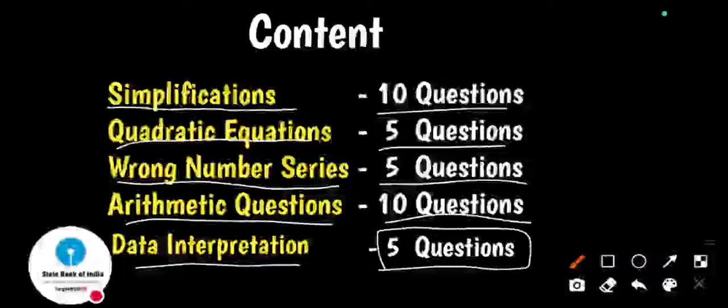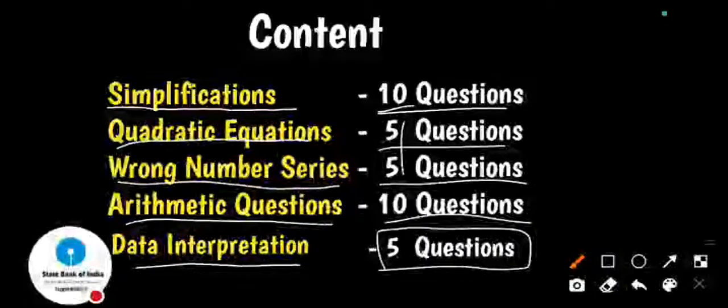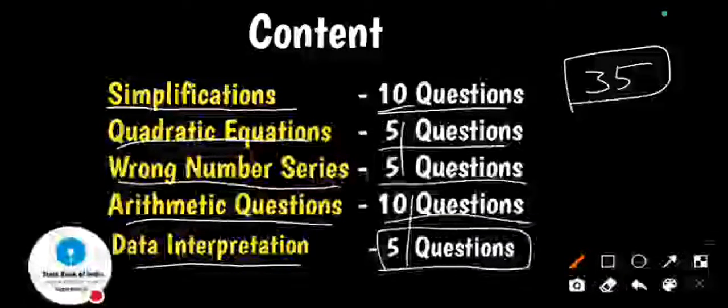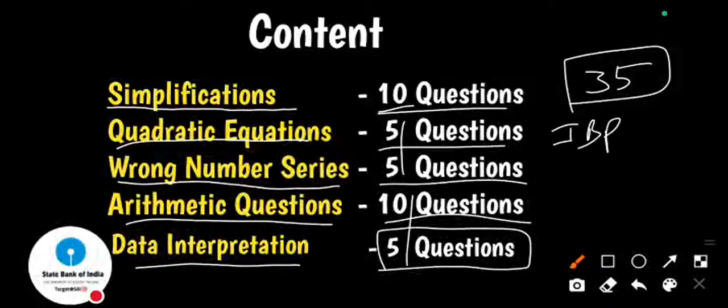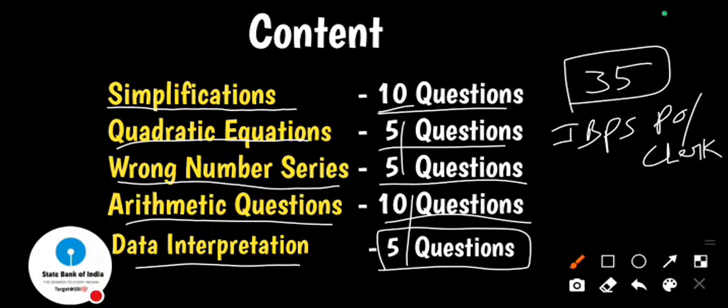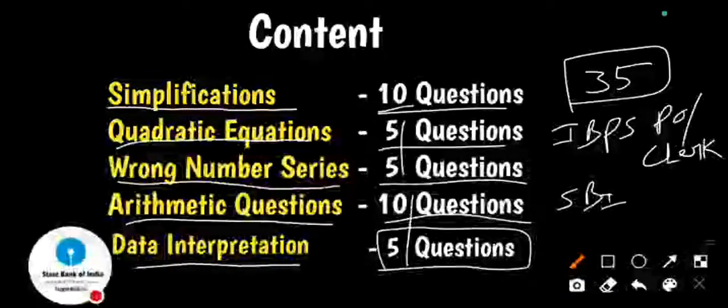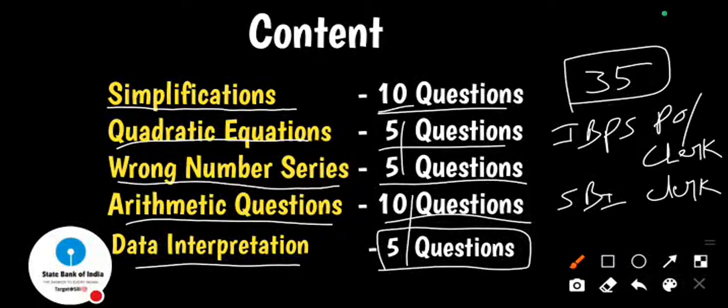So totally we have completed 10 plus 10, which will be 20, plus 15, which will be 35 questions. We see the same number of questions in the exams of IBPS PO and clerk and SBI PO and clerk, and most of the questions are common for RRB PO and clerk also.